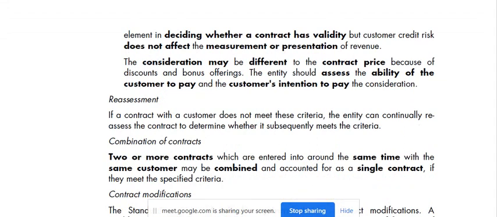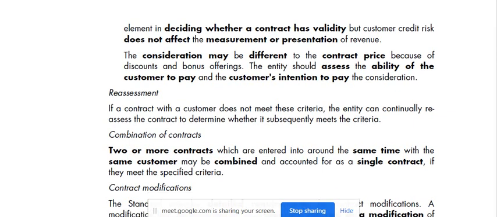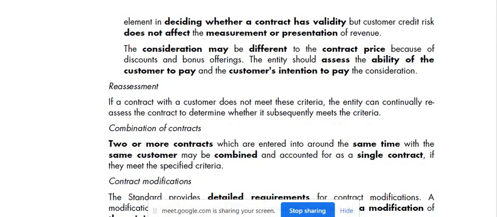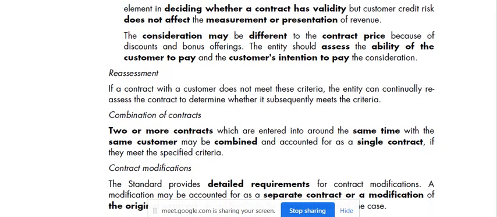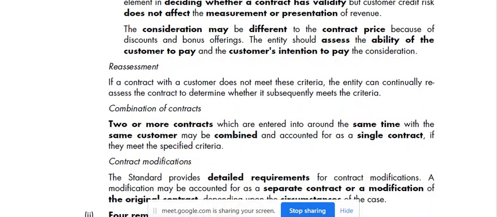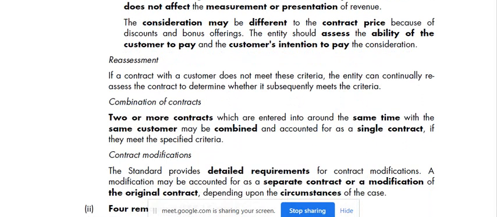Reassessment. If a contract with the customer does not meet these criteria, the entity can continually reassess the contract to determine whether it subsequently meets the criteria. Combination of contracts. Two or more contracts which are entered into around the same time with the same customer may be combined and accounted for as a single contract if they meet the specified criteria.